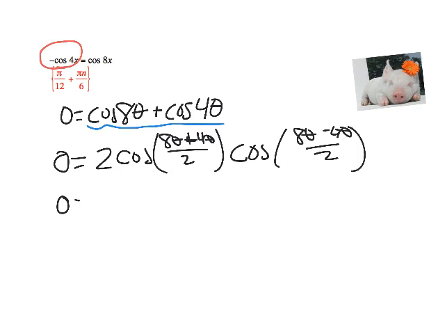So 0 equals 2 times the cosine of 8 plus 4 is 12, divided by 2 is 6 theta, and cosine of 8 minus 4 is 4, divided by 2 is 2 theta.